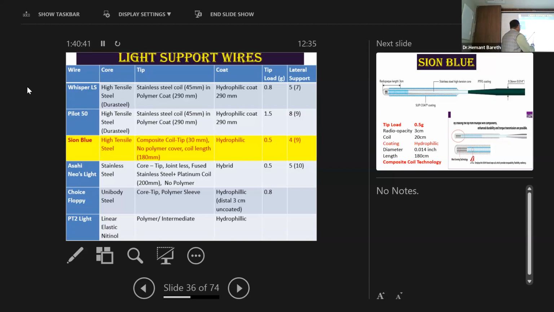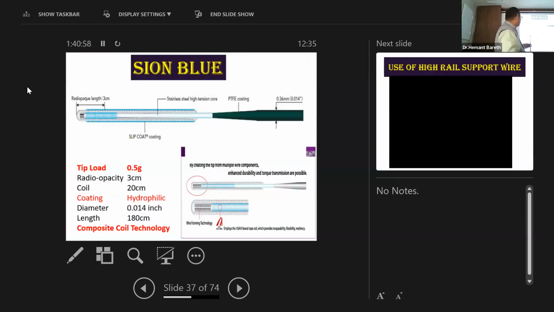There is no polymer cover. Coil length is 180 millimeters, so it's a longer radiopaque wire. It is made of a special type of steel, which is high tensile steel. This is the Xiong Blue wire.